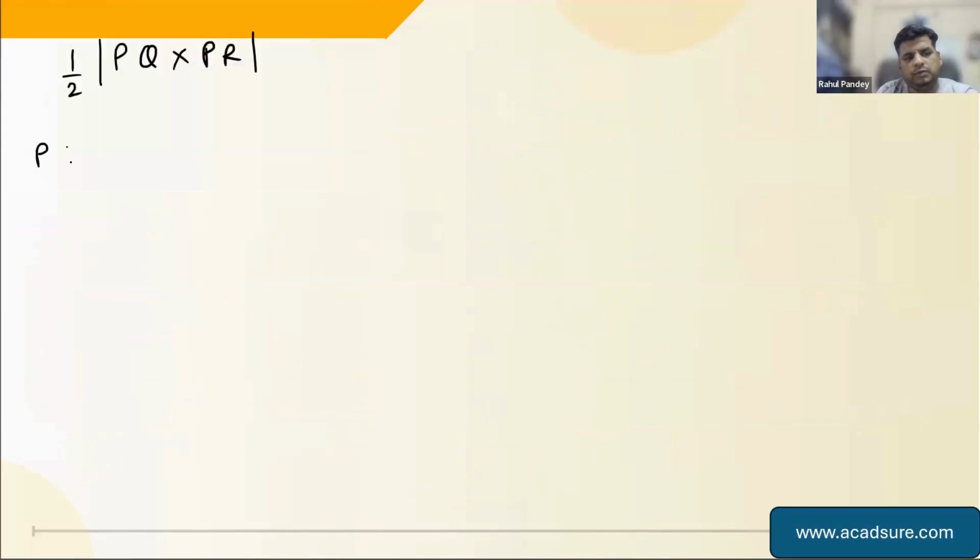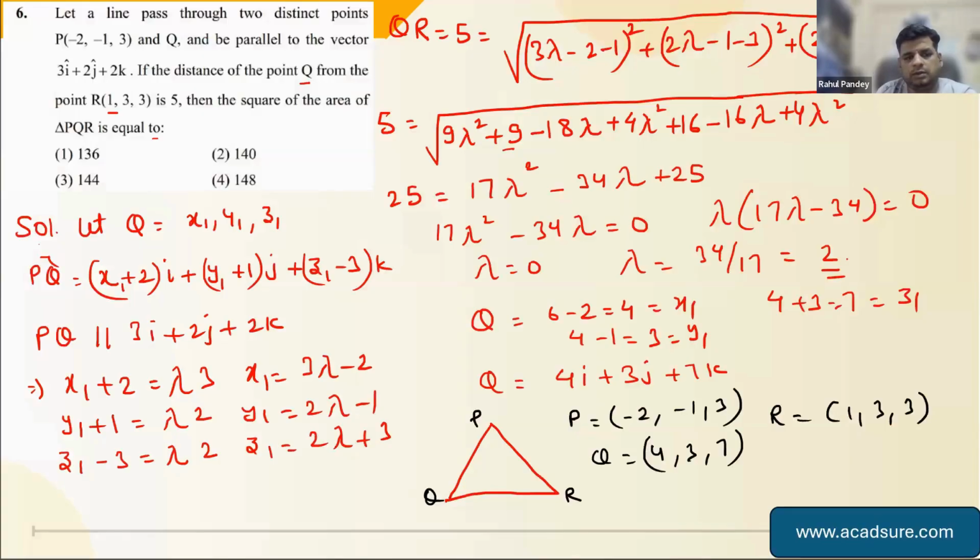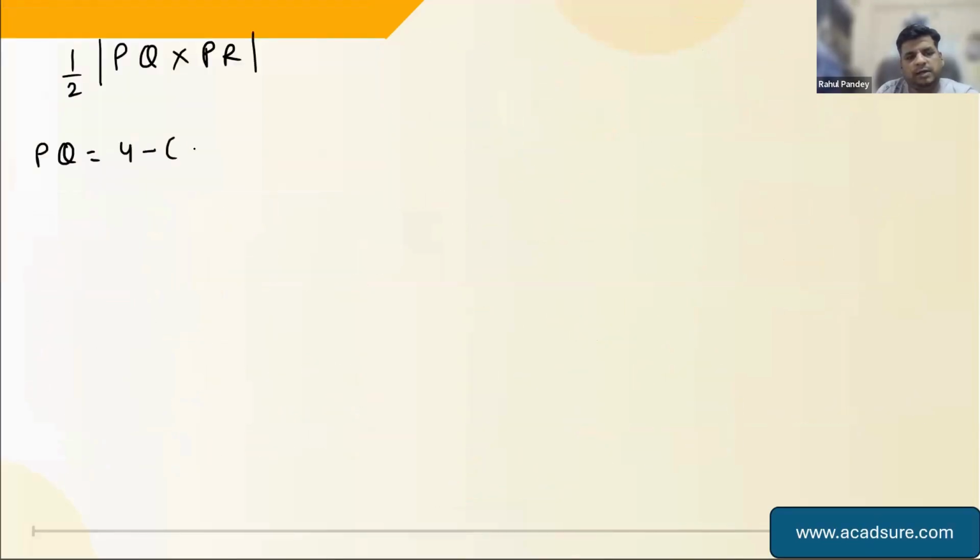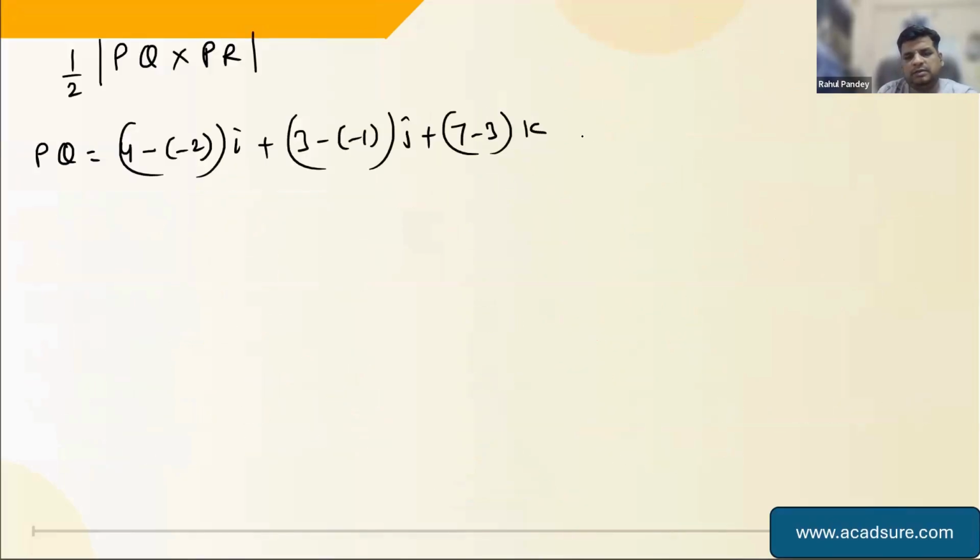So PQ will be equal to (4 - (-2))i + (3 - (-1))j + (7 - 3)k, which is 6i + 4j + 4k.